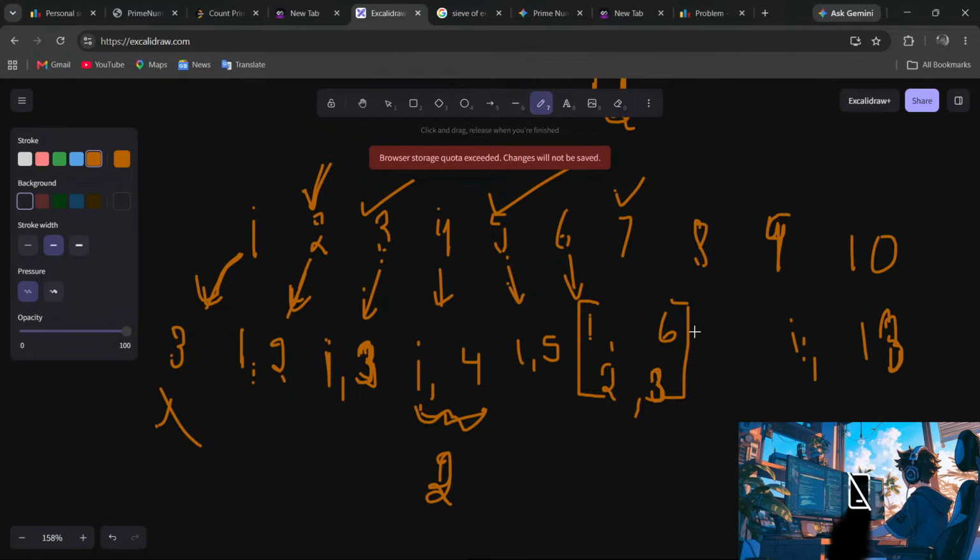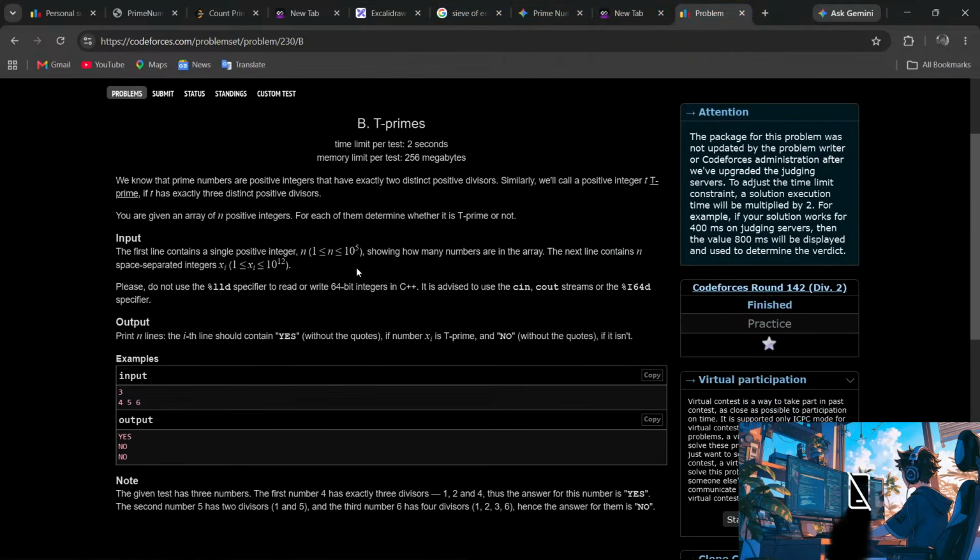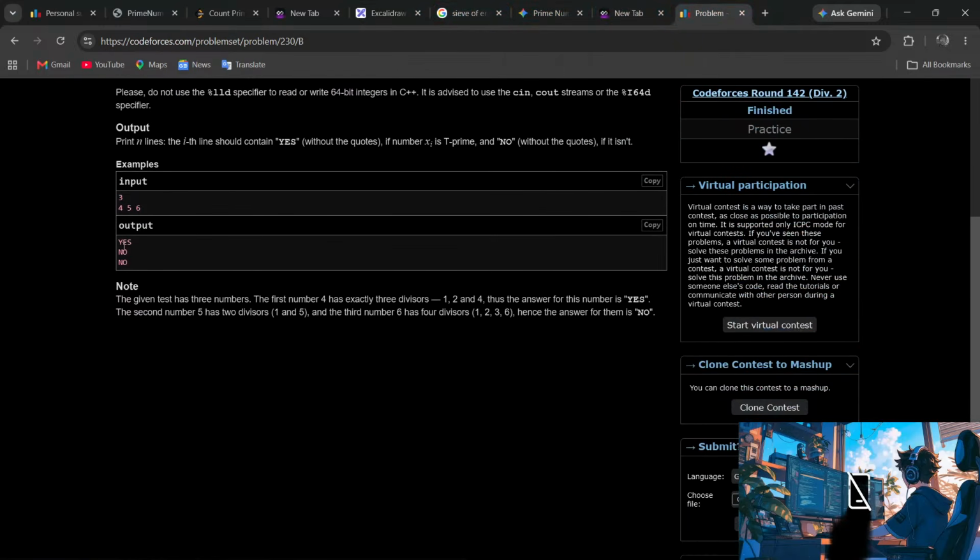They have only two distinct divisors, so they never become T prime. So first, I was thinking I will calculate all the primes. So what I have to tell in this question is whether the number is T prime or not, fine.